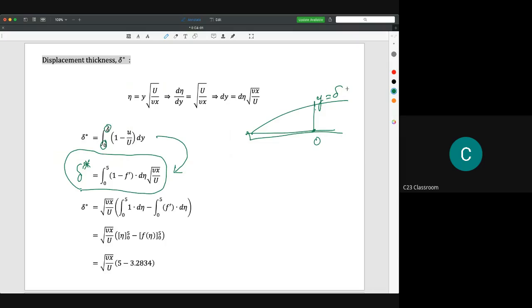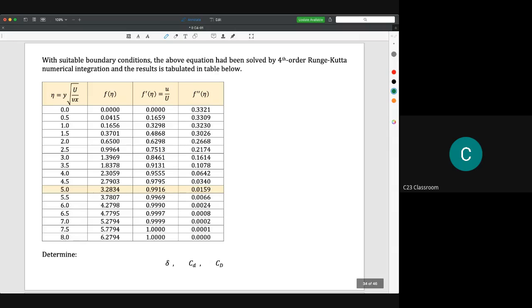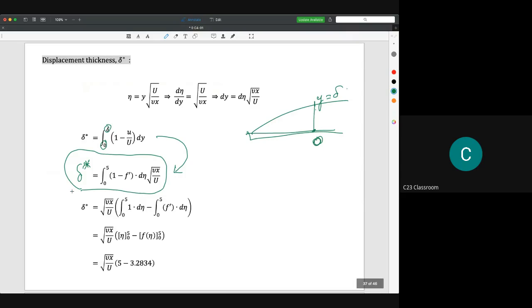But if we change the axis, meaning we are not using y, we are using eta, the limit is 0 to 5. So where do we get the 5? From this table, we found that the boundary layer occurs from eta equal to 0 to 5, from your analytical result. So the number 5 there is actually a constant.